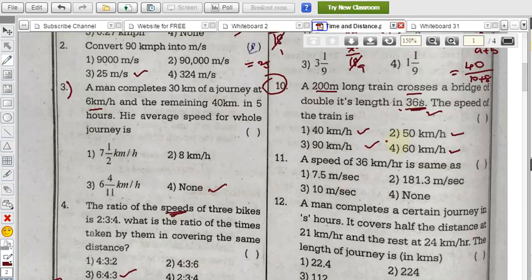So 60 kilometers per hour is the answer.